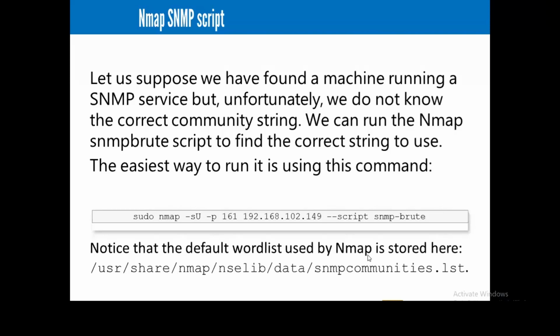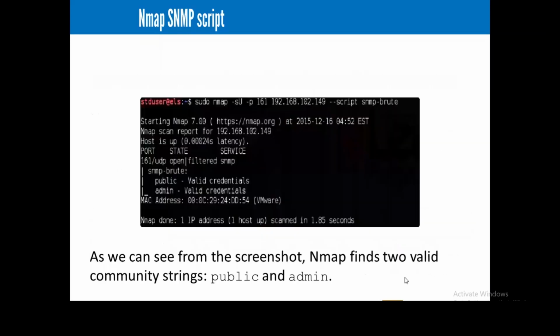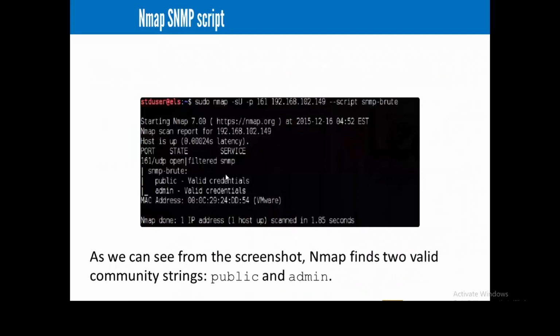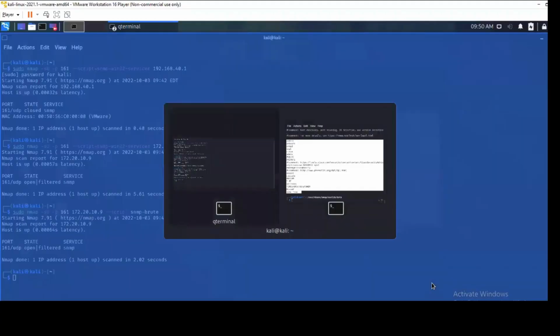The default word list used by Nmap is stored in this file called snmp-communities.lst. So if you look at this, we're able to see the community strings public and admin. Let me go back.